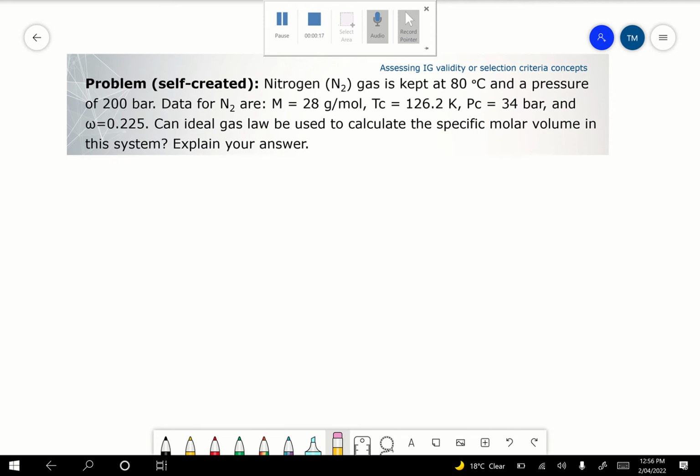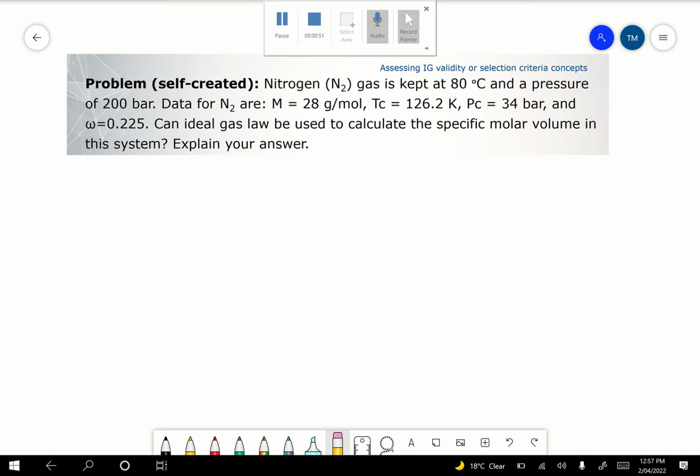Data for nitrogen are: molecular weight 28 gram per mole, critical temperature 126.2 Kelvin, critical pressure is 34 bar, and omega is 0.225. Can ideal gas law be used to calculate the specific molar volume in this system?